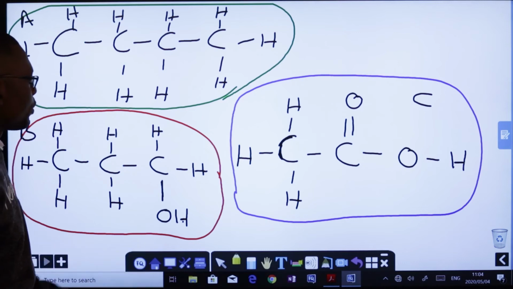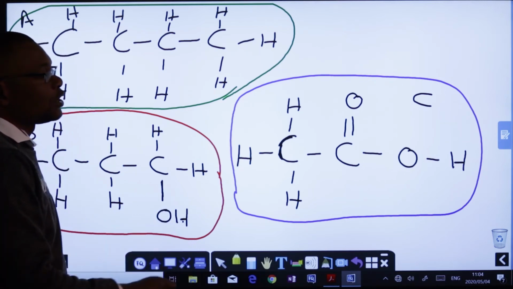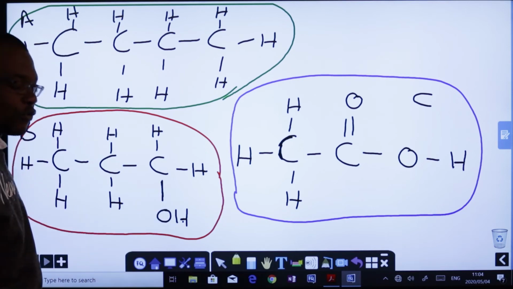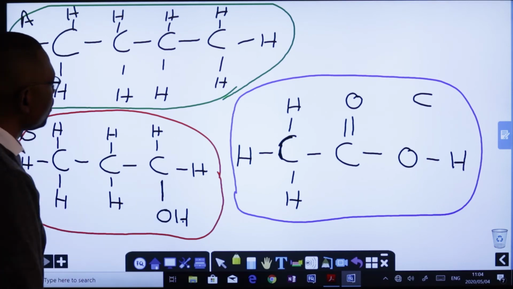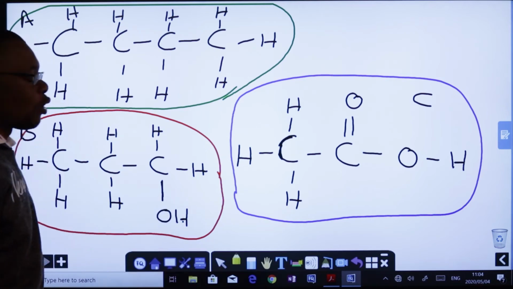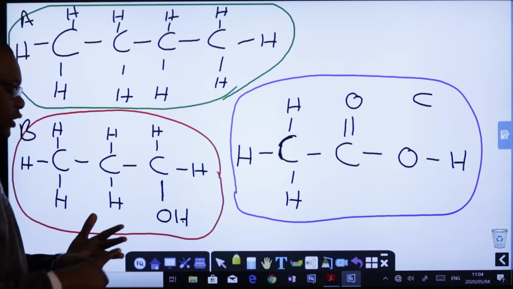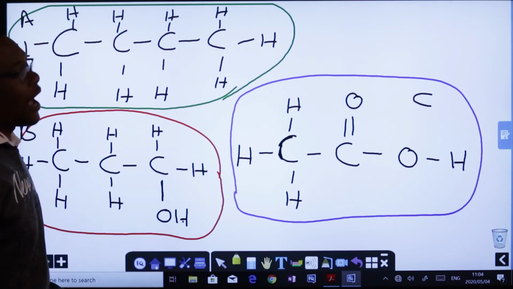The hydrogen bond is formed from a hydrogen attaching to the lone pair of electrons of the oxygen in the OH group of the next propanol. So on top of the van der Waals forces, we've got dipole-dipole interactions, and then also hydrogen bonds.